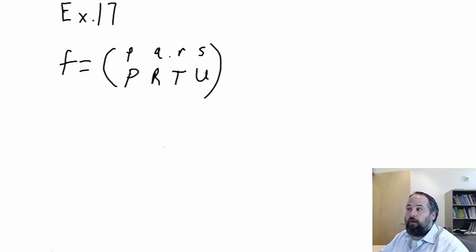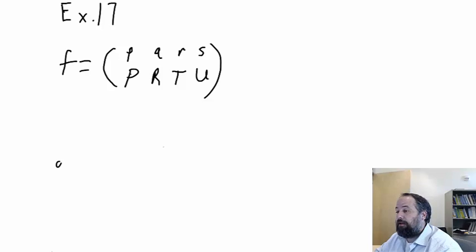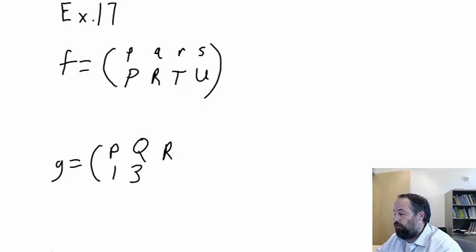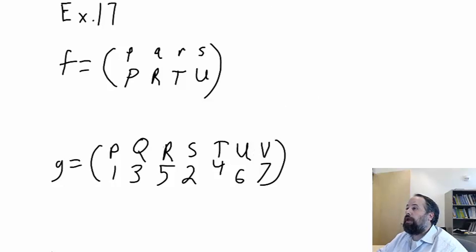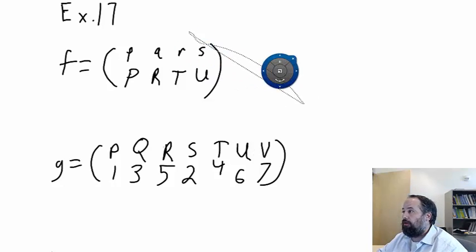And we don't need to worry about order because we've defined our own order in that top row for the domain. Let's define g as uppercase P to 1, uppercase Q to 3, uppercase R to 5. Okay, so we have defined f and g here.